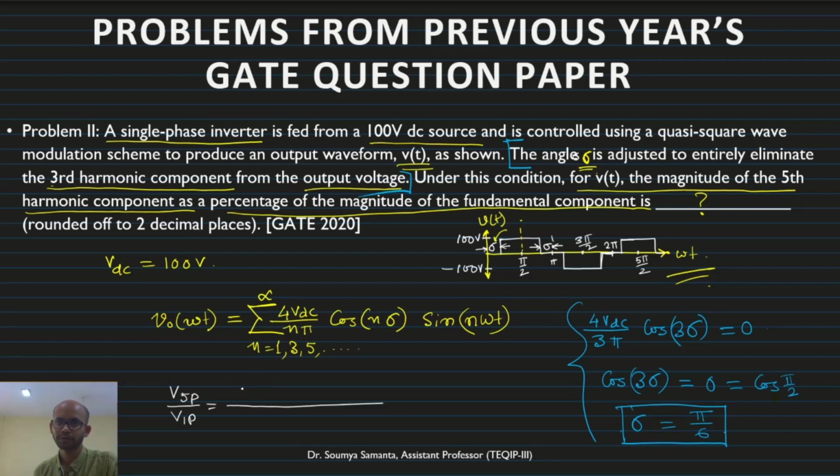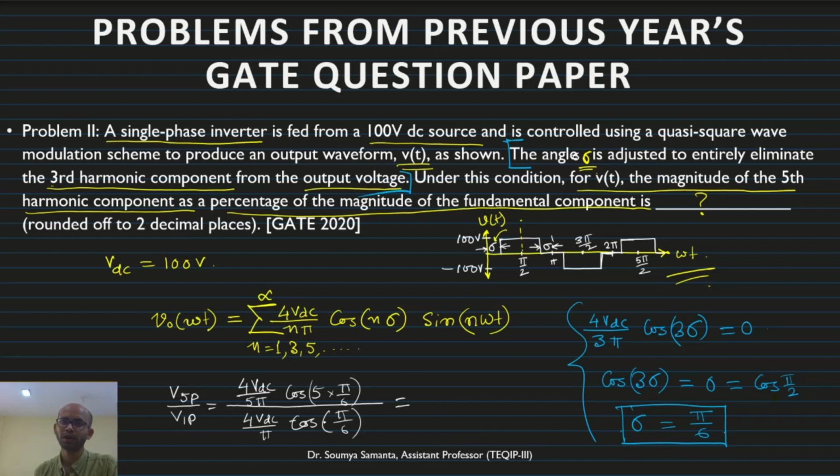How to get this? 4 VDC by 5 pi into cosine of 5 into pi by 6, divided by 4 VDC by pi into cosine of pi by 6.